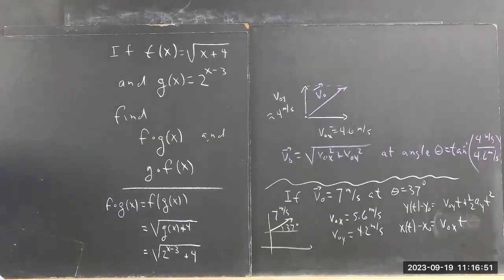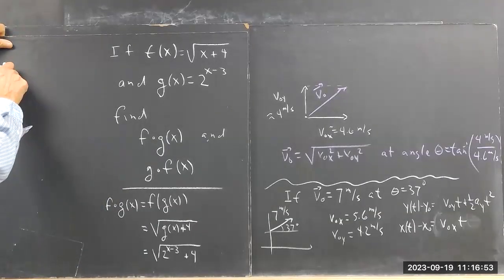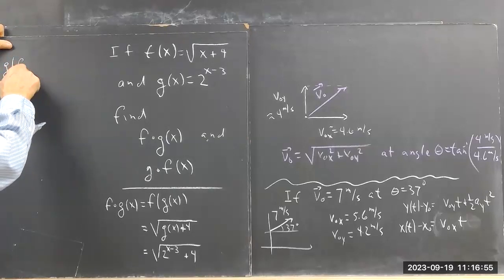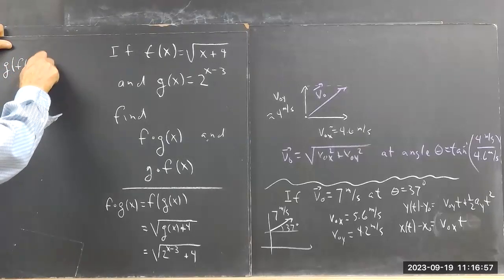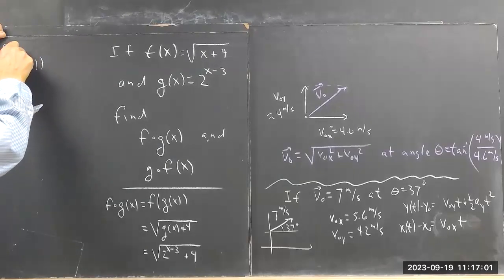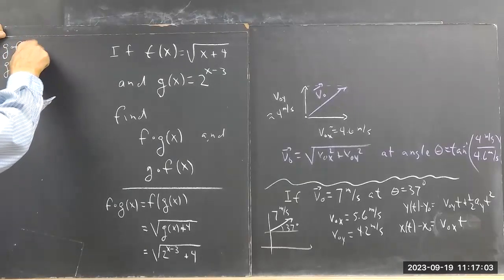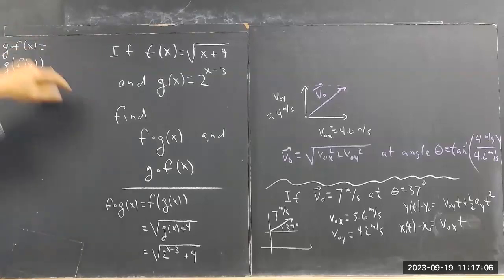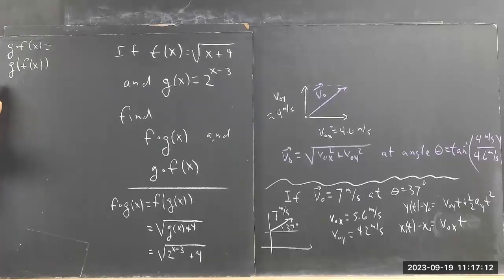Okay. Now, g of f of x. And of course, this is g circle f of x, which is the way I stated it. This is g of f of x.